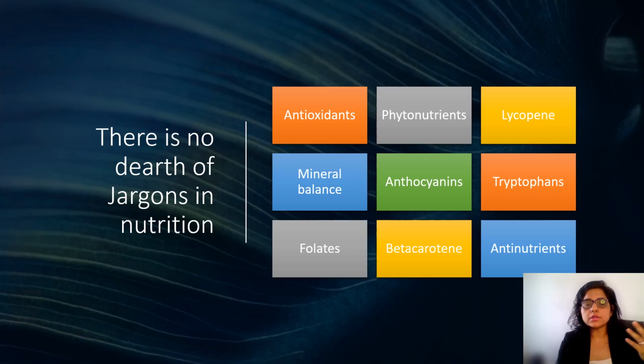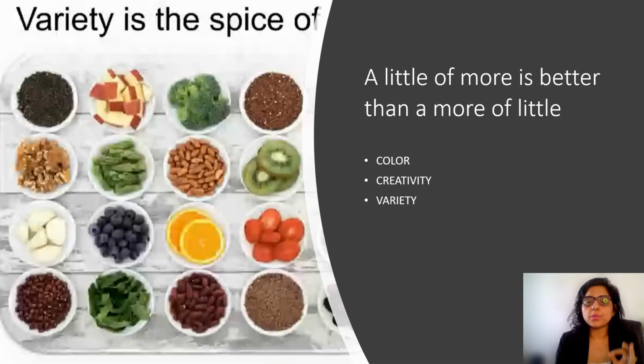Now, there is no dearth of jargons in nutrition. I can throw as many terminologies at you like antioxidants, phytonutrients, lycopene, mineral balance, anthocyanins, tryptophans, so on and so forth. But the idea here is not that. You don't need to understand why are we talking about colorful foods here. The only thing that you have to remember at this point is that variety is important.